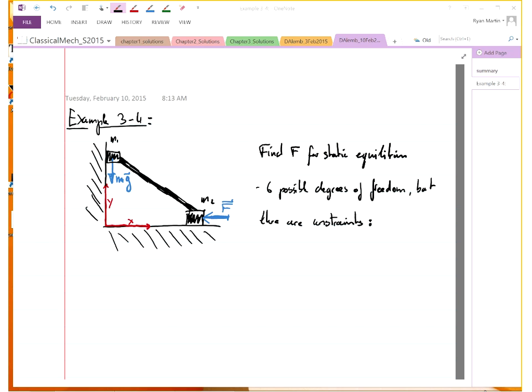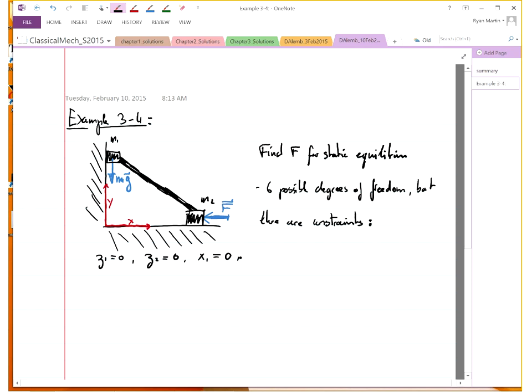So I can think of two constraint equations for that: z1 equals 0 and z2 equals 0. Now, mass M1 is constrained to slide along the y-axis. So we also have that the x position of mass M1 will always be equal to 0.